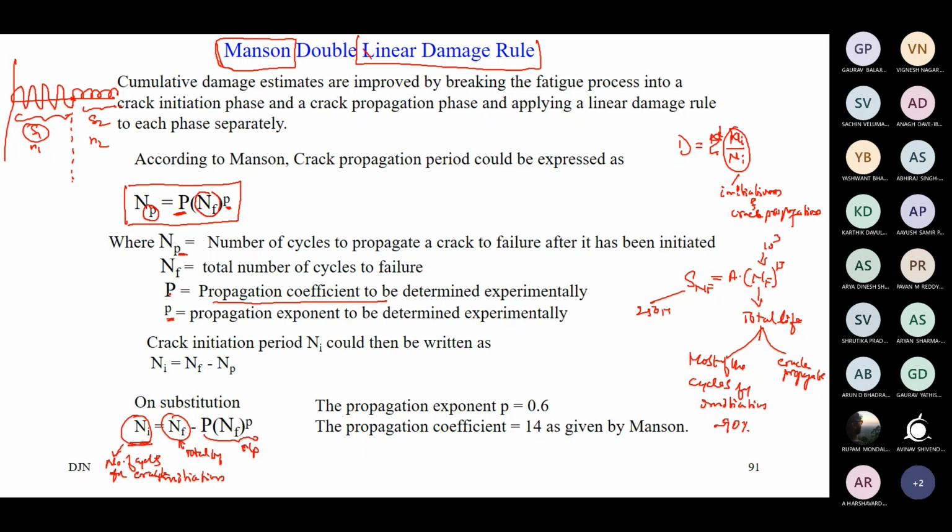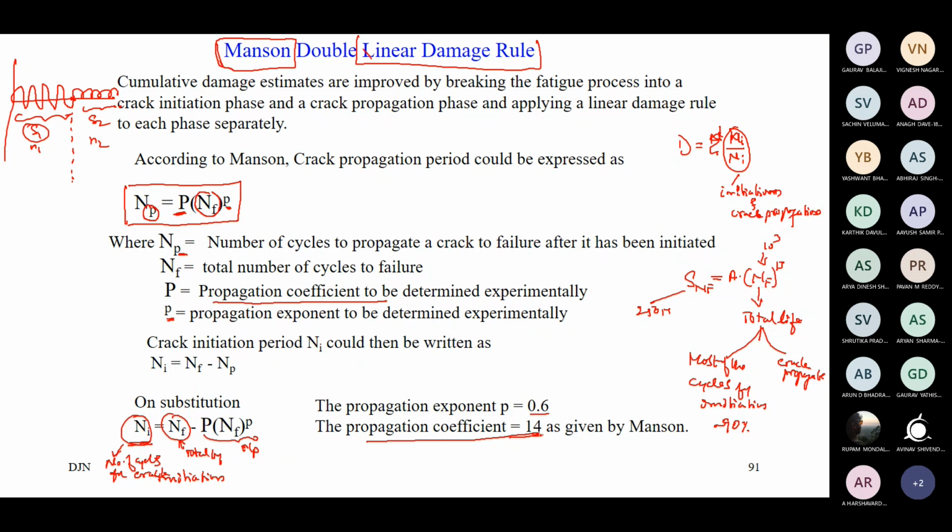Most often, we have the data for steel from extensive experiments by Manson, and he has indicated that the propagation coefficient for a steel material is 14 and the propagation exponent is 0.6. It may vary depending on the type of steel.